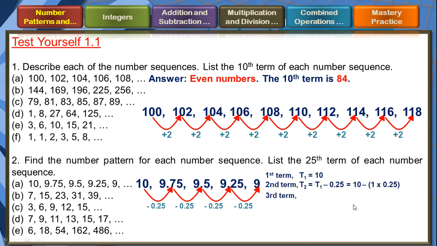The third term, t sub 3 equals t sub 2 minus 0.25. In this case, we have 10 minus 0.25 minus 0.25, which we can write as 10 minus 2 times 0.25.